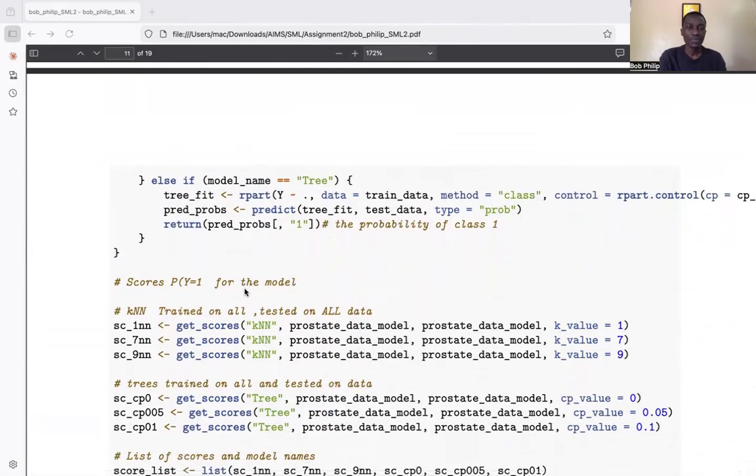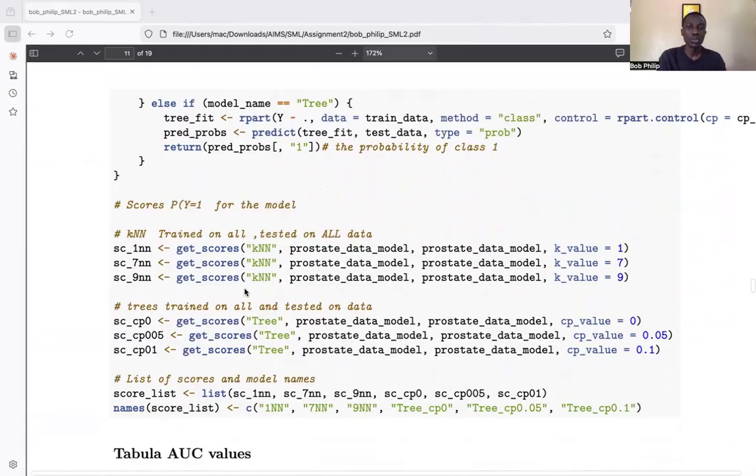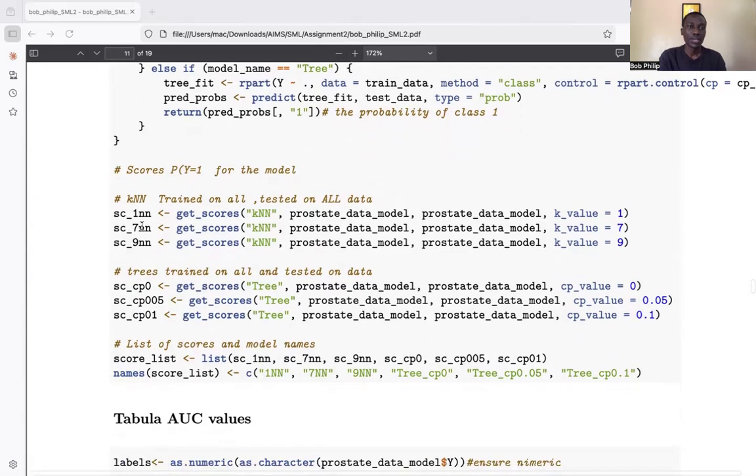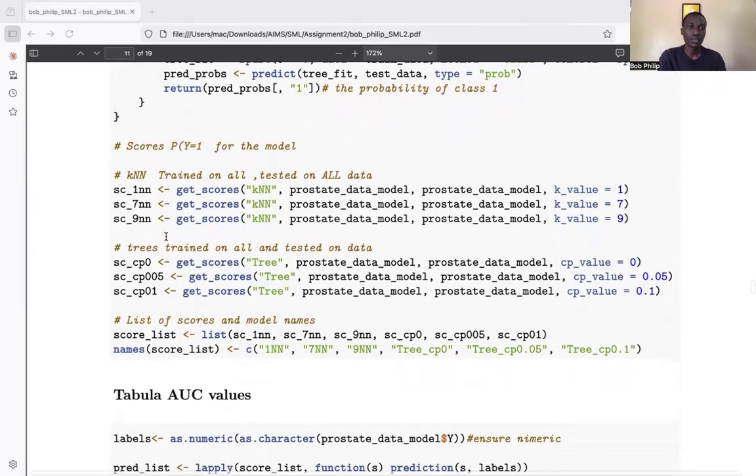For the first time, I did a training with the whole data, trying to see how KNNs with different Ks work and how trees with different complexity look. I did training for 1NN, 7NN, and 9NN.